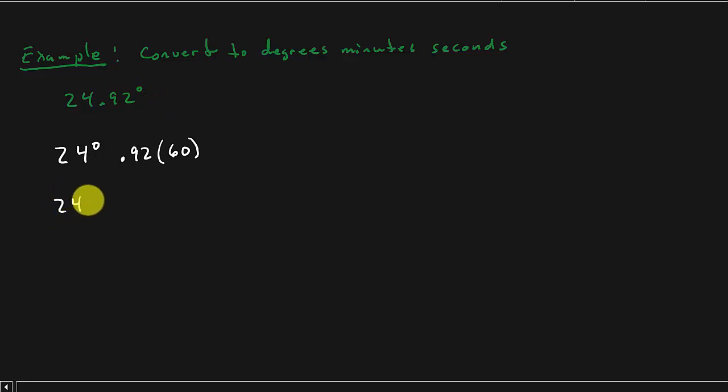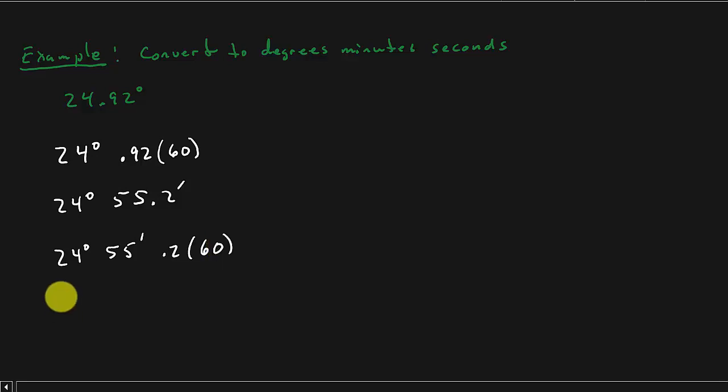So that's going to be 24 degrees, and then 0.92 times 60, that's going to be 55.2 minutes. And then we take the decimal here, this 0.2, so that's 24 degrees, 55 minutes. And then we take the 0.2 times 60. We're converting minutes. That's 0.2 minutes times 60 will give us seconds.